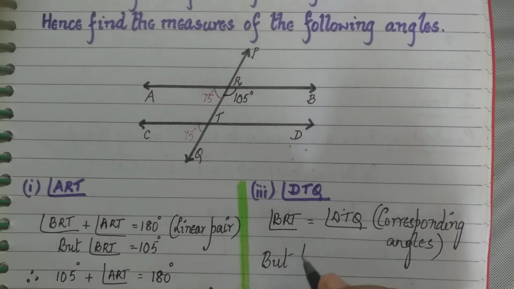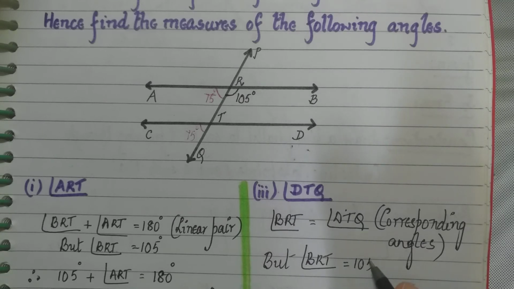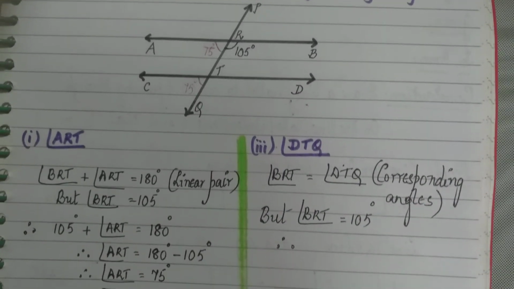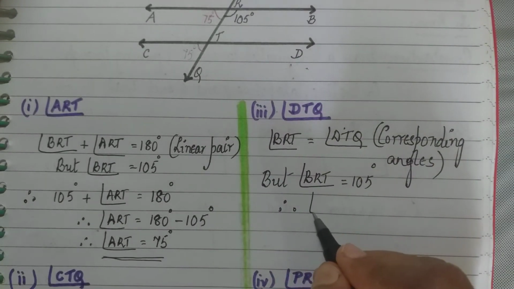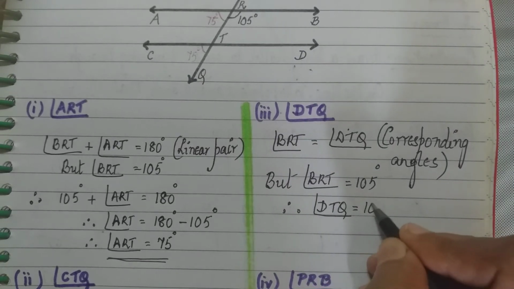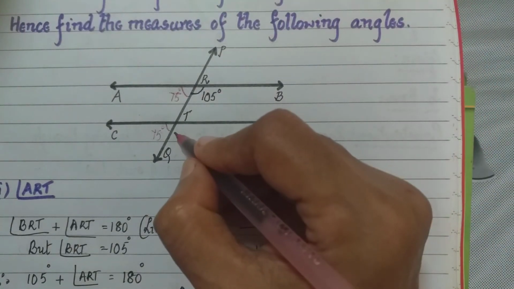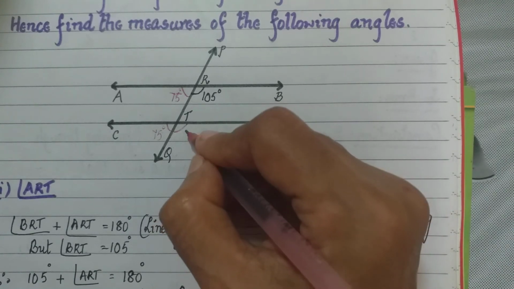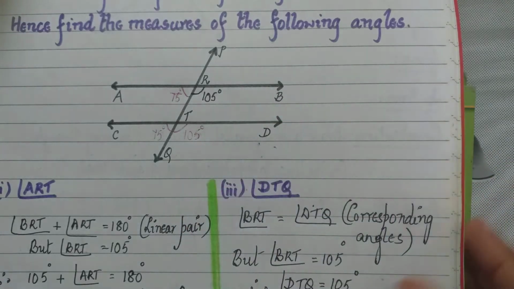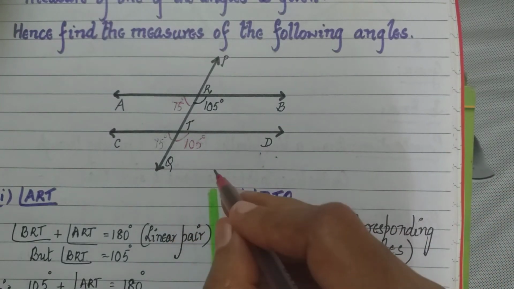Therefore, angle DTQ also is 105 degrees. Let me write the measure in the figure. I have got this measure as 105 degrees. So we have got the measure of this angle DTQ as 105 degrees.